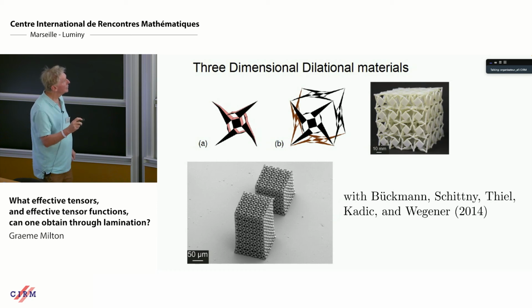The group of Martin Wegner actually simplified the geometry a little bit and built it at a very small scale, and did some tests, and this actually had a Poisson's ratio of about -0.8, and ideally this material should have one of -1.